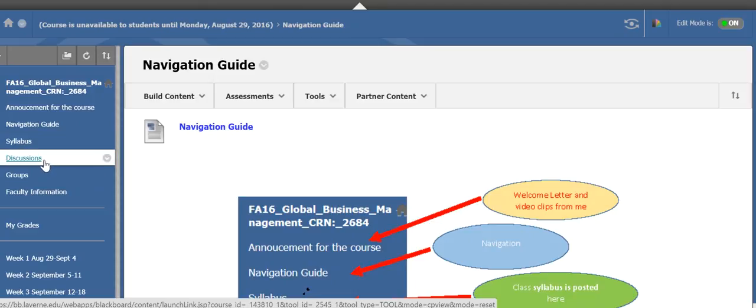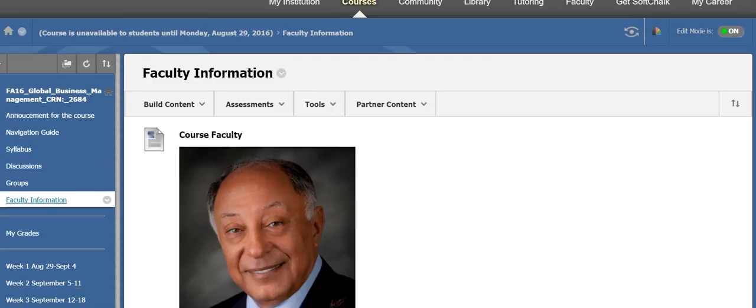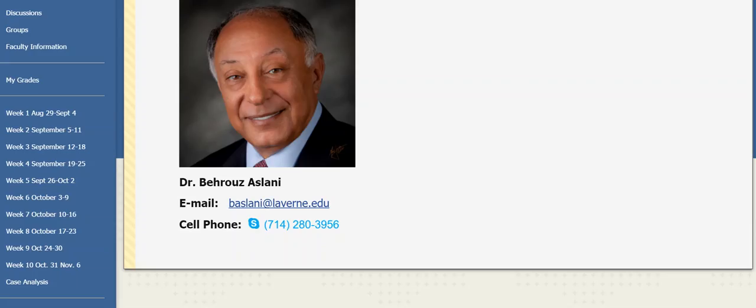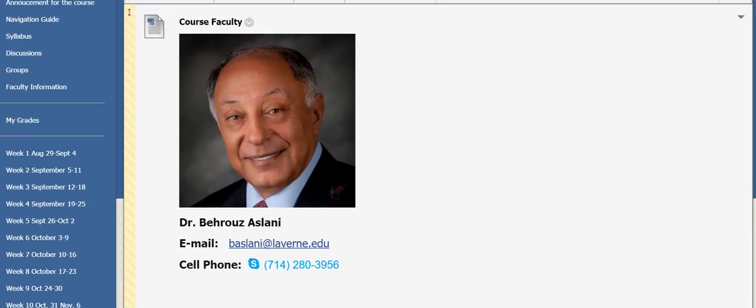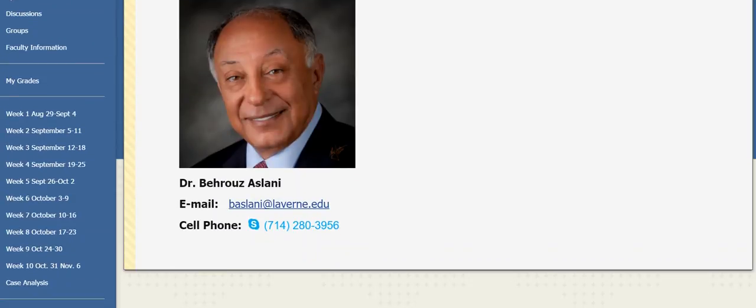Discussion is the place you go for the discussion board and groups, whether or not you are forming a group. There is also information about the faculty, like my email address and my phone number. Of course, I am on Skype, and I am planning to have perhaps one or two sessions using WebEx if I can. I will let you know about it at a later stage.